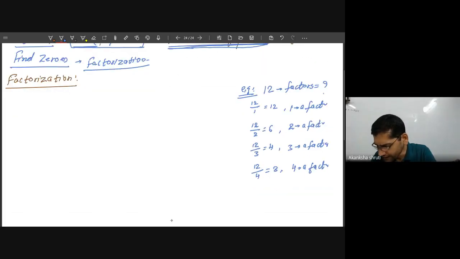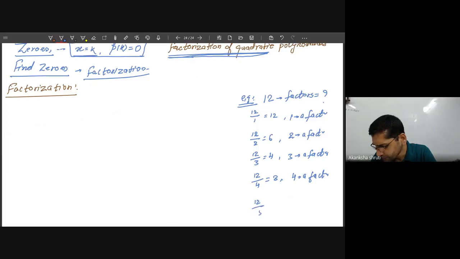But if you divide this 12 by 5, what are you getting? Can it come as an integer? There will be some remainder. So the quotient is not an integer, some remainder is existing. It is something like 2.4. So this is a decimal, and we cannot say 5 is able to divide this 12 exactly. So 5 is not a factor.